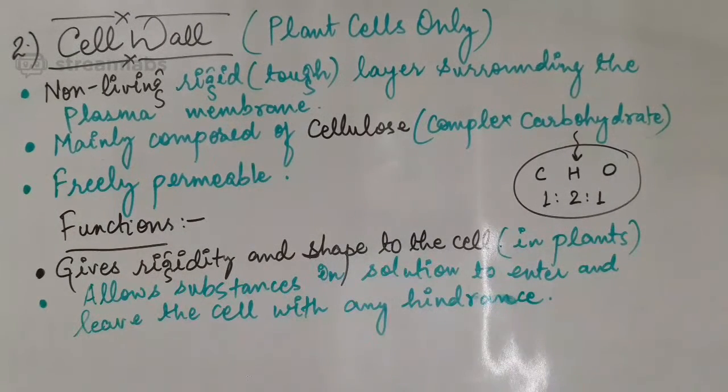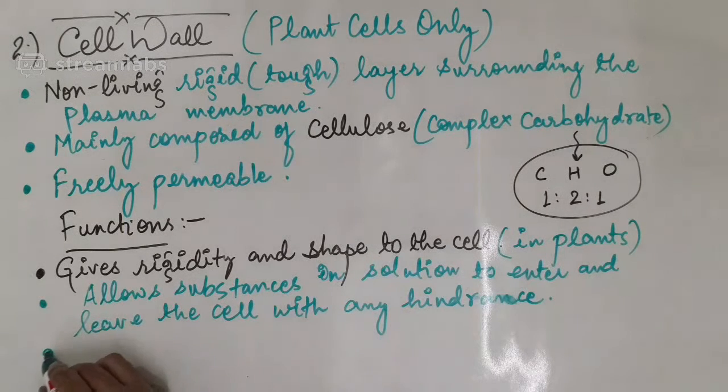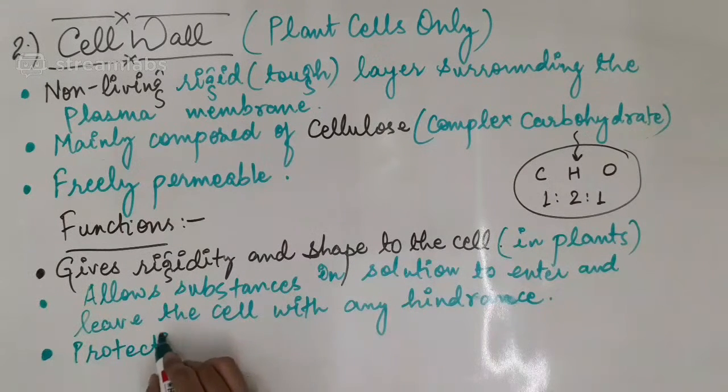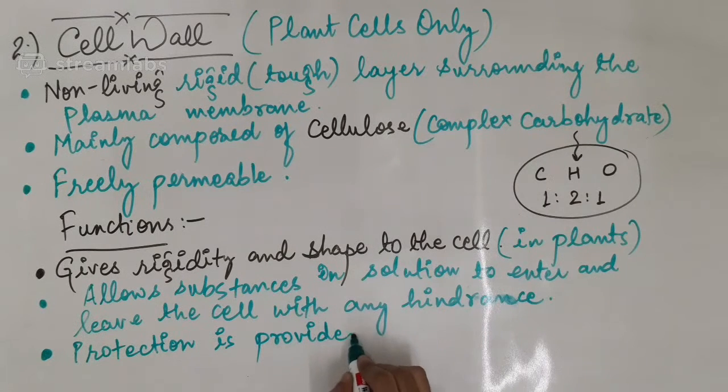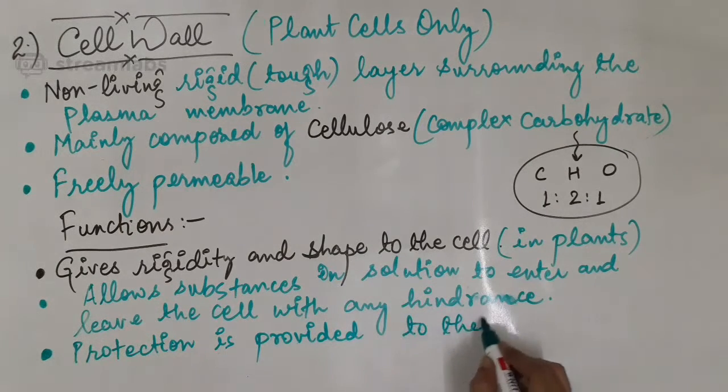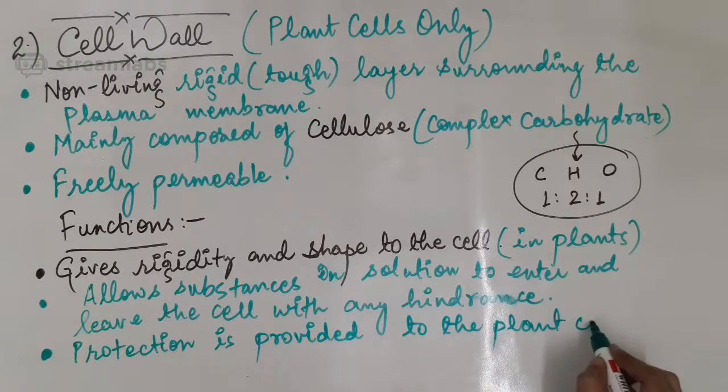Freely permeable means things easily pass through it. And foremost, the cell wall provides protection to the cell. Okay. So this is the second cell organelle, which is found only in plants.